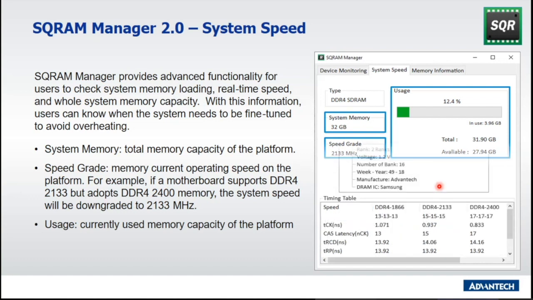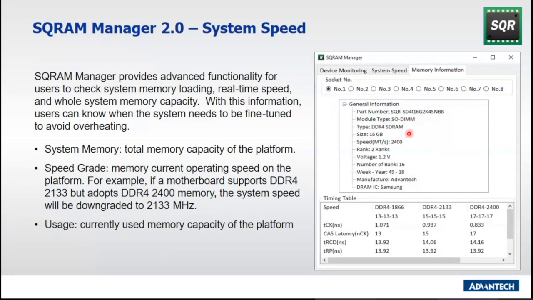Then from the memory information tab, you can also check the timing table, memory size, speed, voltage, and even the manufacturer information and original IC makers. You can also see here Samsung and Advantech.